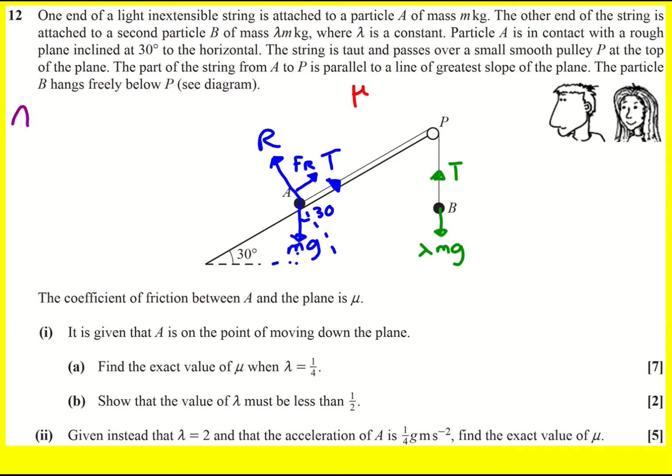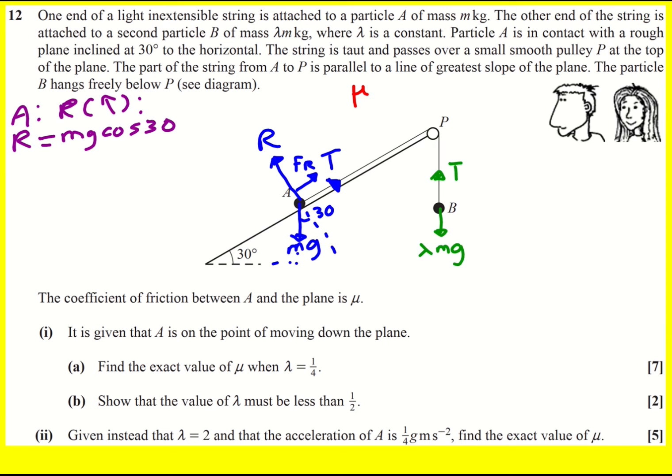So first of all, I'm going to look at A, and I'm going to resolve forces perpendicular to the plane. Then R, which is going away from the plane that way, the only other force acting perpendicular to the plane is the weight. So R is going to equal mg cos 30. That's good to know.